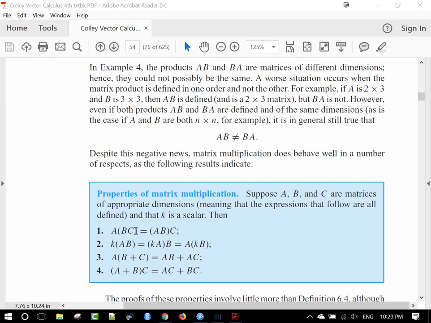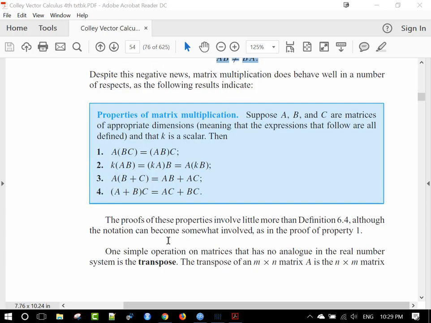(AB)C is equal to A(BC). K, which is a constant, times AB, you can do K times just the A first, or you can do A times KB. Okay, you do also have the distributive property like this, and also like this. So the only one we don't have is this one.